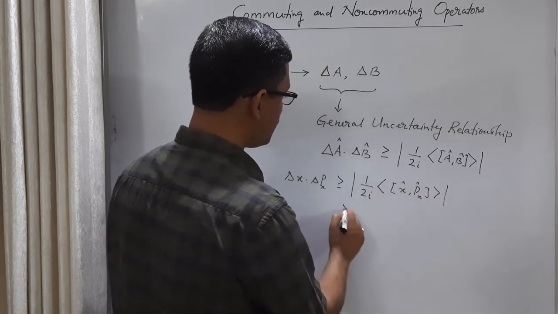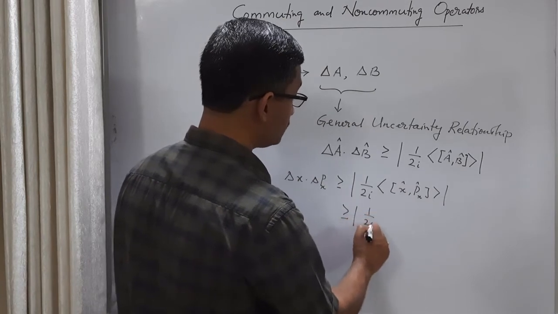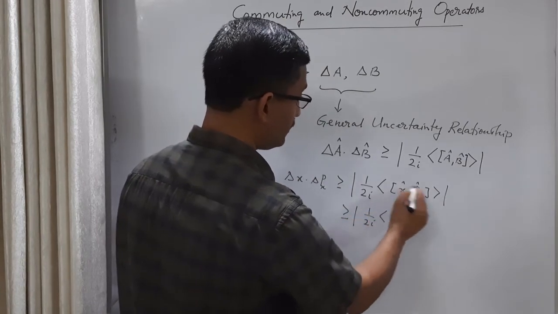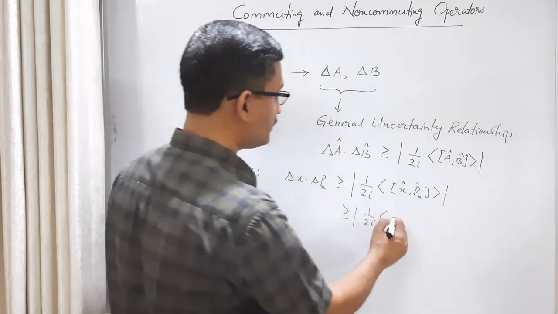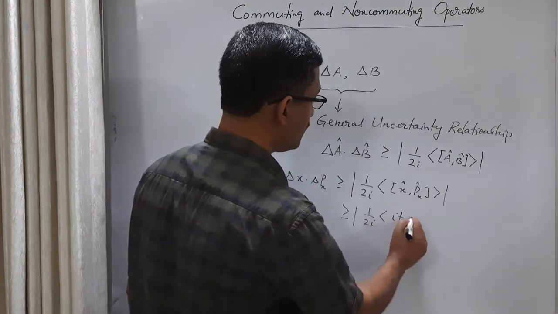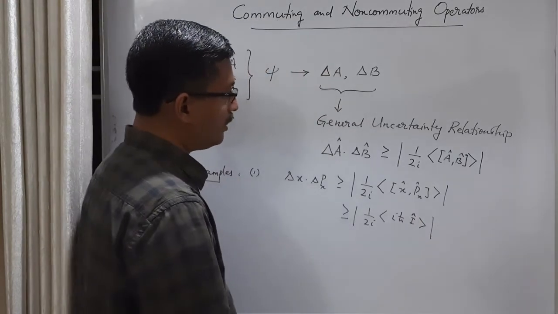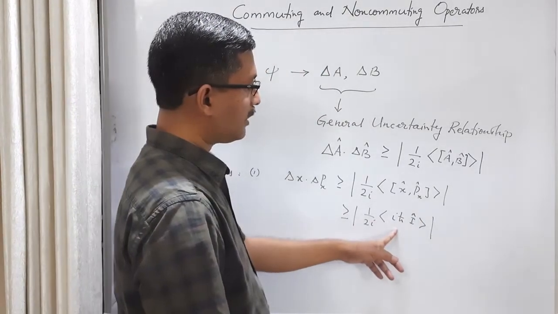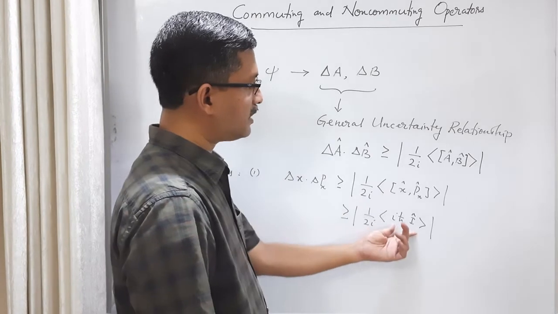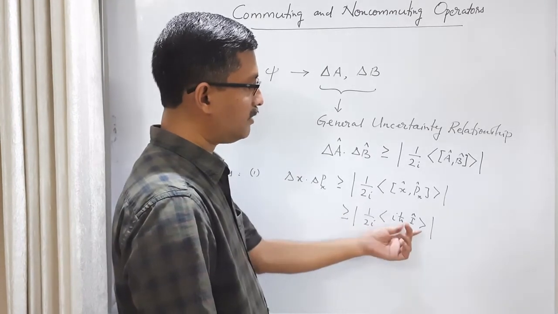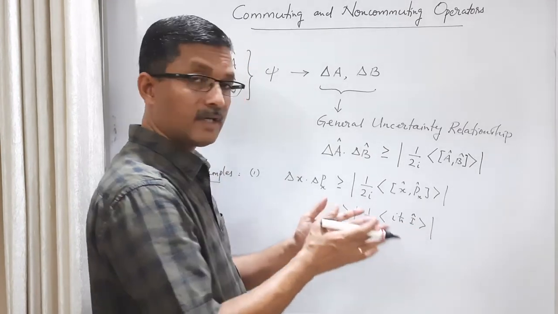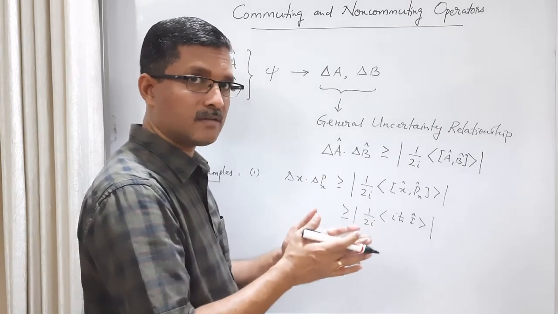What is this expectation value of x comma px? This commutator x comma px, we have just evaluated that to be i h cross identity, right? Now i h cross is a number, and so we need the expectation value of the identity operator. Remember that we are calculating this expectation value in some general state psi.